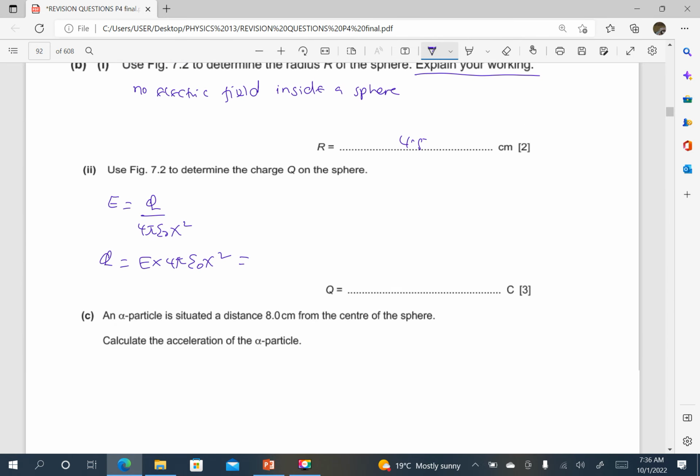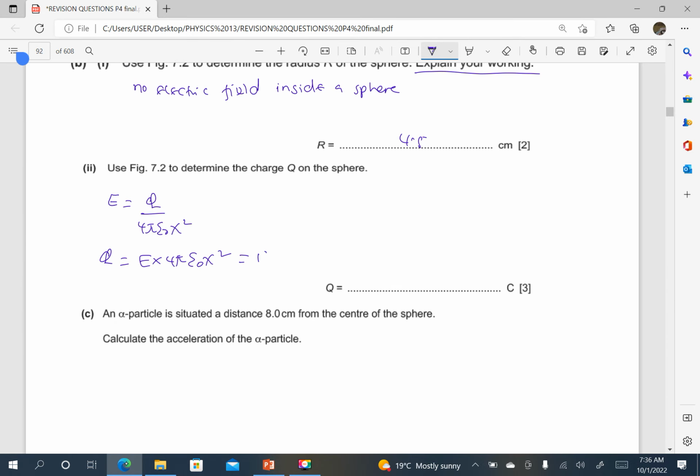So electric field strength is 18 times 10 power 5, then times 4 pi, times epsilon, which is 8.85 times 10 power negative 12, then times x, which is the radius, that is 4.5 times 10 power negative 2 to change it to meters, and then it is squared.